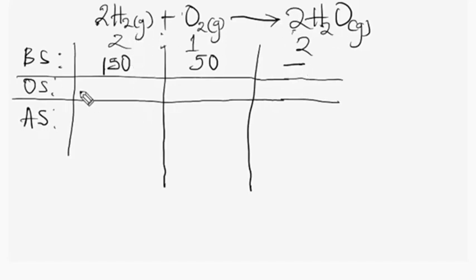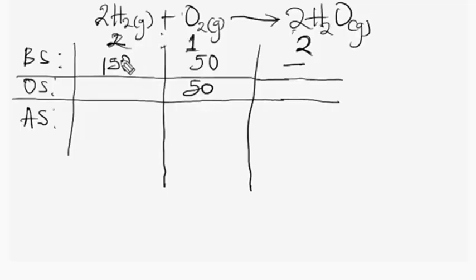On the next step, we are going to check out their volumes on sparking. On sparking we require 2 of hydrogen, 1 of oxygen, then 2 of water. We start with the volume of oxygen because that's the smallest. Oxygen used in this process was just 50 cm cube.